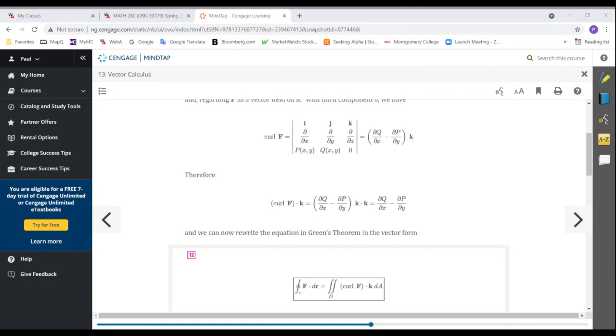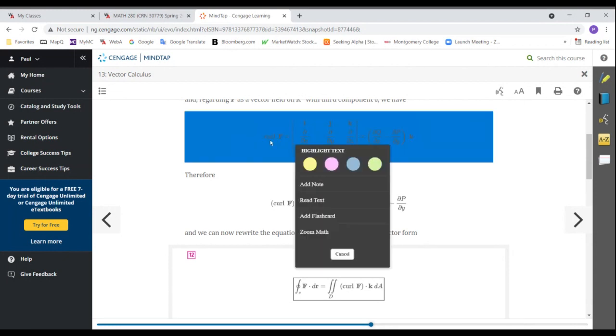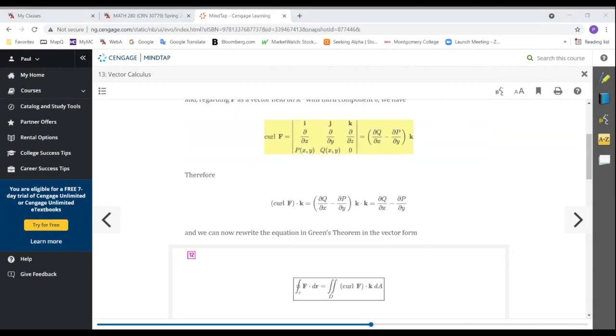The curl of a vector field F, and this vector field F is a two-dimensional vector field. So you have the P and the Q components, but the Z component is 0.